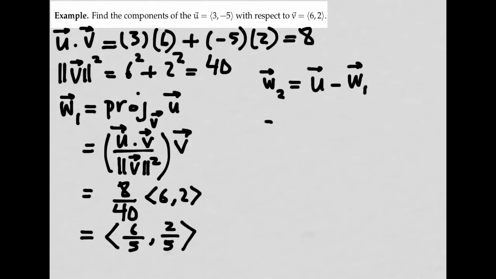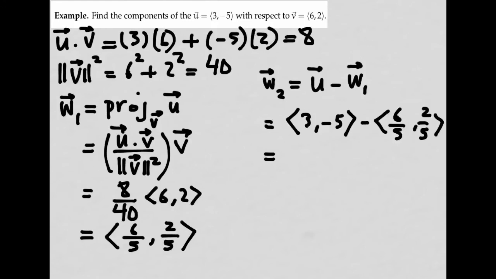That's the vector 3, minus 5, minus w1, which we found to be 6 over 5, 2 over 5. We subtract component-wise, so 3 minus 6 over 5, minus 5 minus 2 over 5.